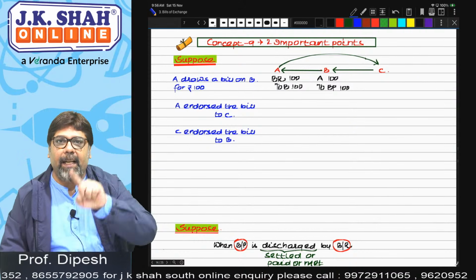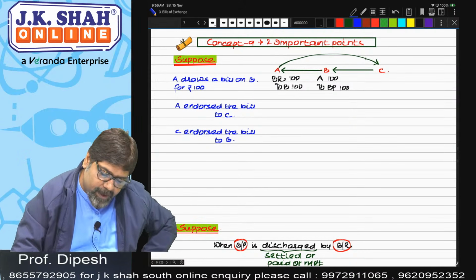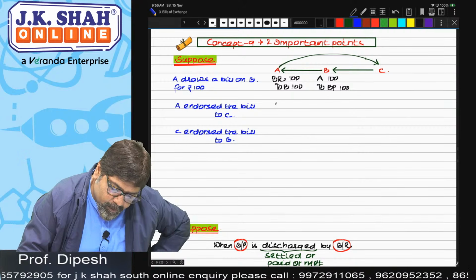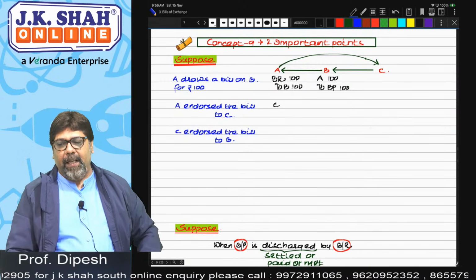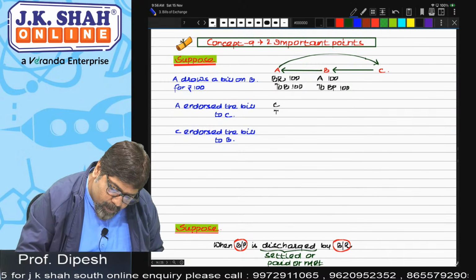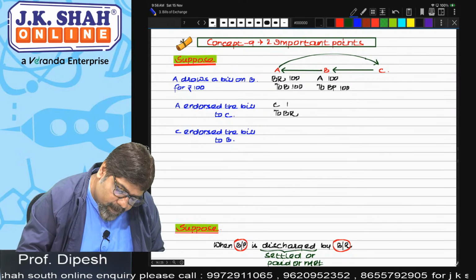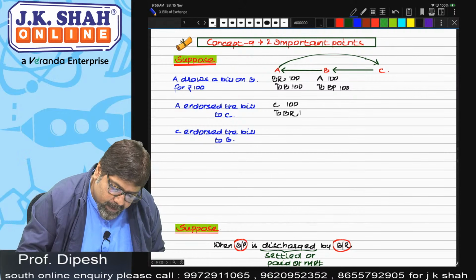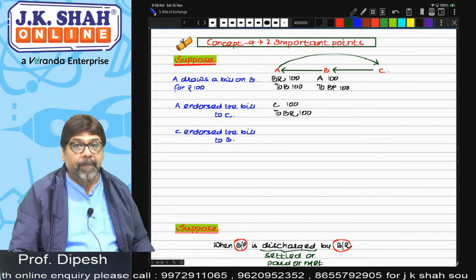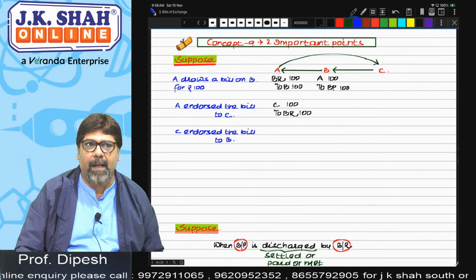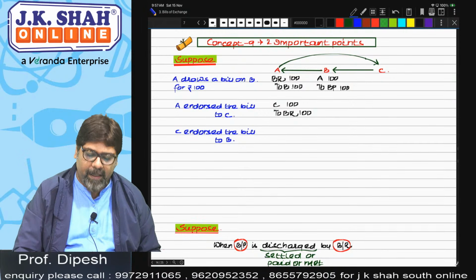Then chartered, A endorsed the bill to C. So A gave the bill to C. So A will pass the entry: C to bills receivable, 100, 100.